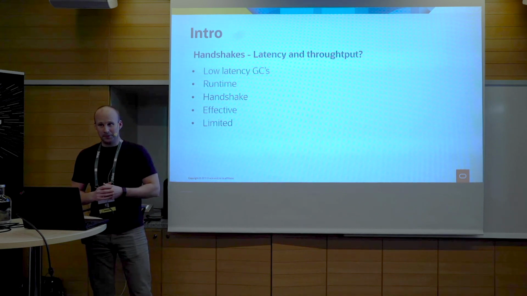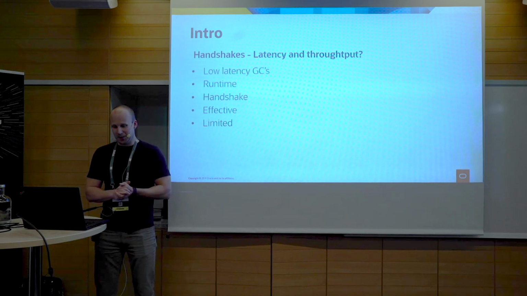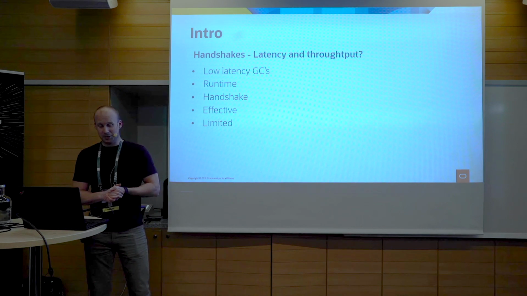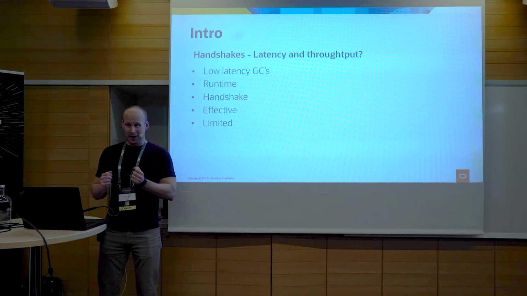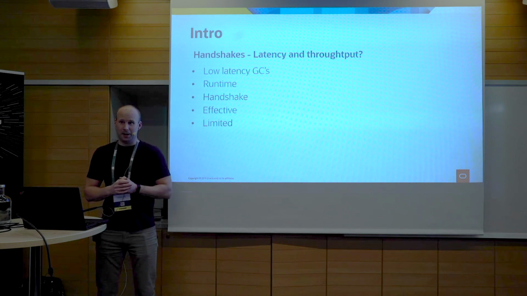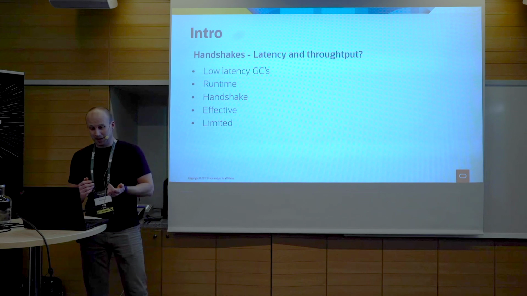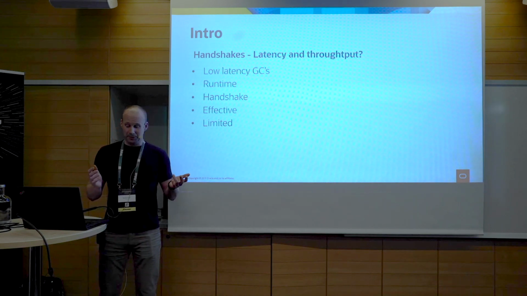One of the things we have done to solve some of these issues is to make handshakes, which means that instead of doing a safepoint, we do a handshake for some of the operations which don't have interthread dependencies. Handshakes are effective but have a limited use case.